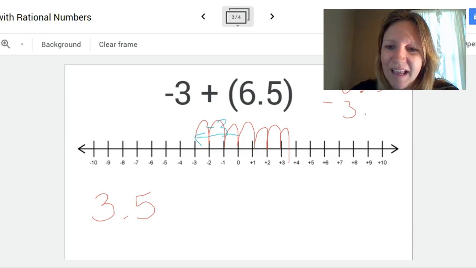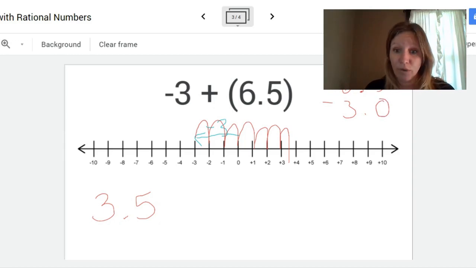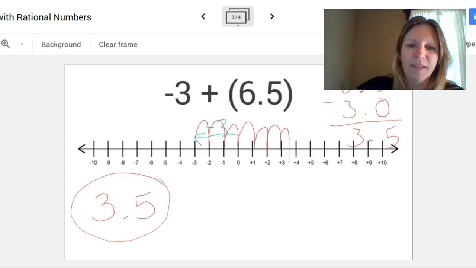Sorry about that, guys. And we're going to go ahead and subtract those. We lined up our decimals. We end up with 3.5. And we take the sign of the greater number. 6.5 is bigger and it's positive, so our answer is positive 3.5.